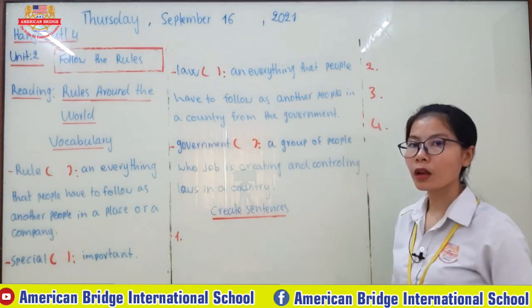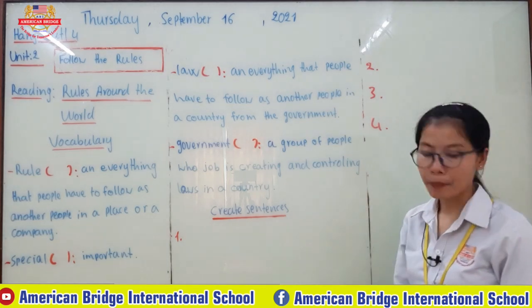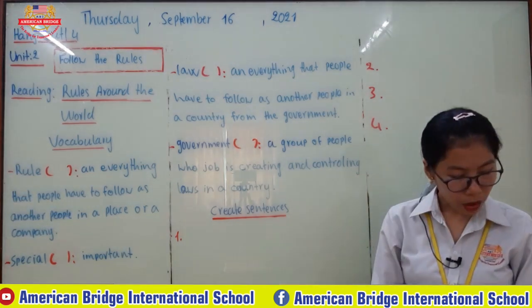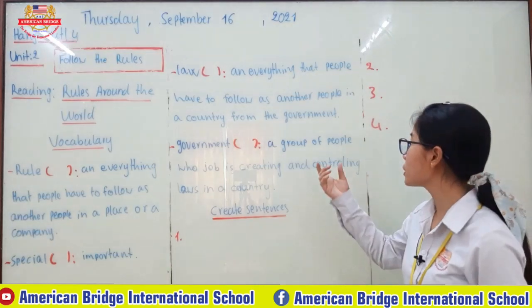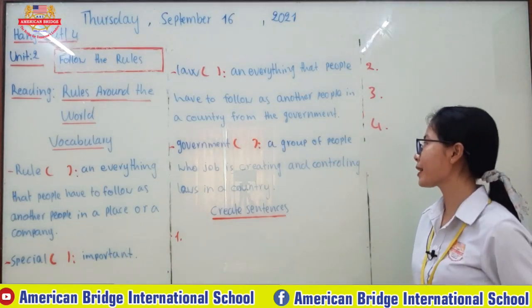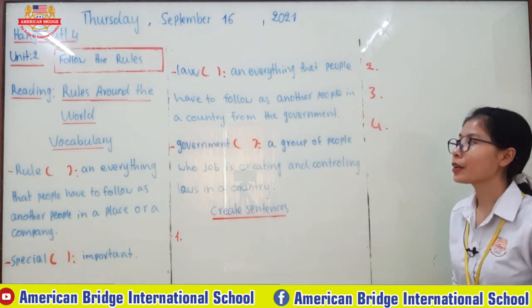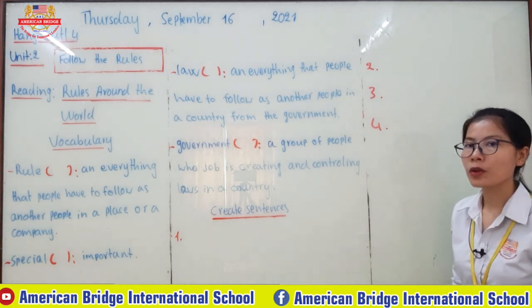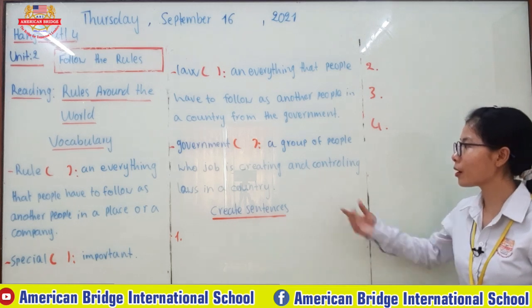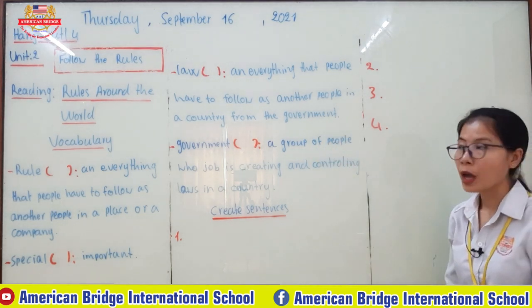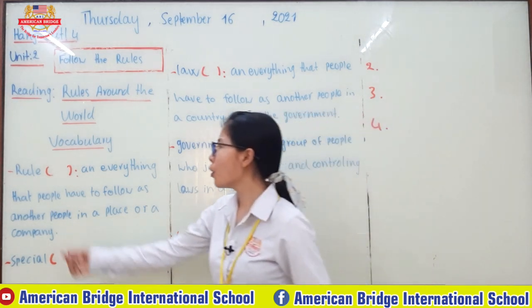Alright, now let's go to government. Government refers to a group of people whose job is creating and controlling laws in the country, right? So now you can see who is the one who creates the law? The one who creates law is the government. But who is the one who creates the rule?